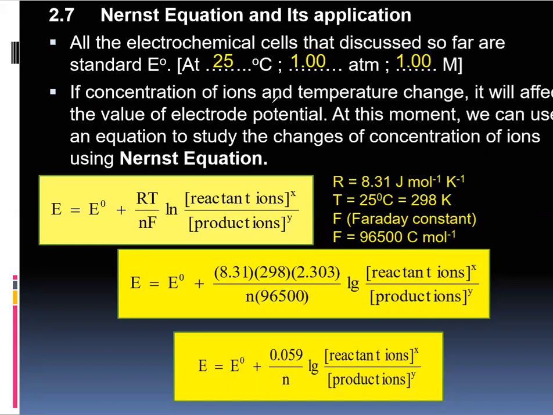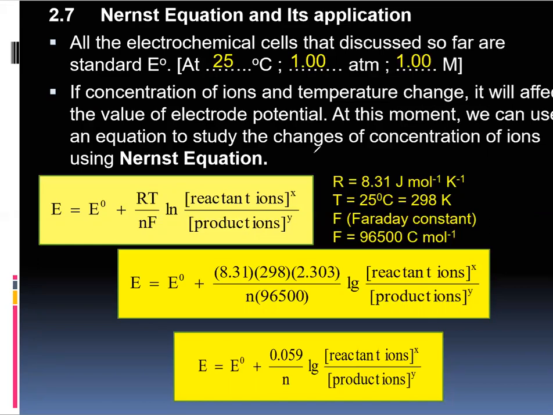Now, if the concentration of ions and temperature change, it will affect the value of the electrode potential. At this moment, we can use an equation to study the changes of concentration of ions, the Nernst equation. Sometimes temperature changes, pressure changes.